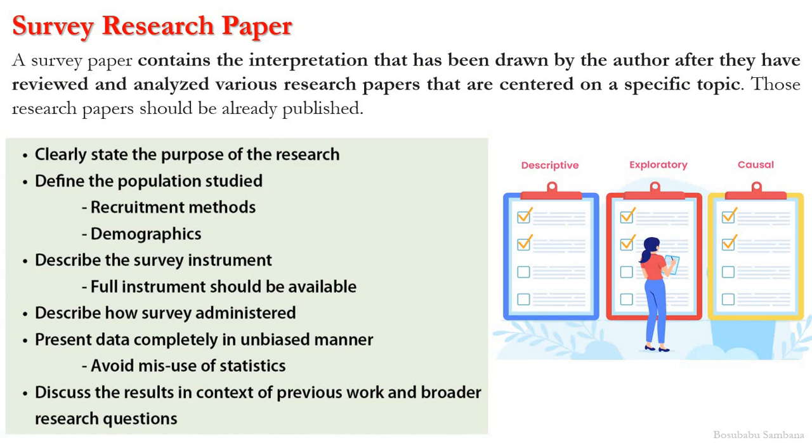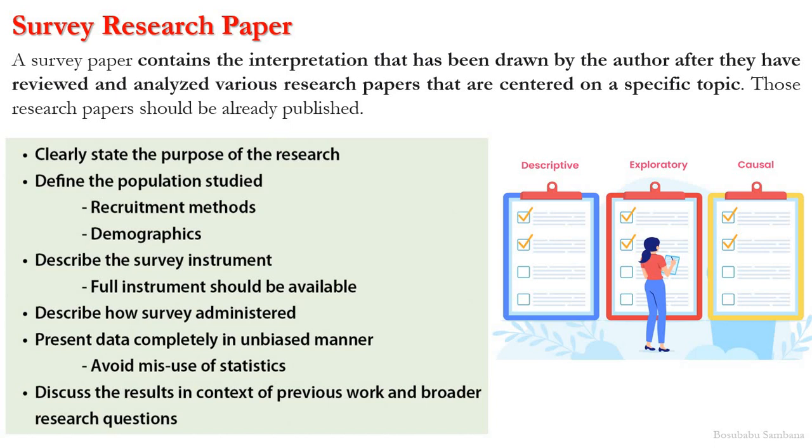Generally, we know that already. The survey paper is utilized for various factors based on descriptive, explanatory, and causal methods. But when you are planning a survey paper, you must follow the guidelines.